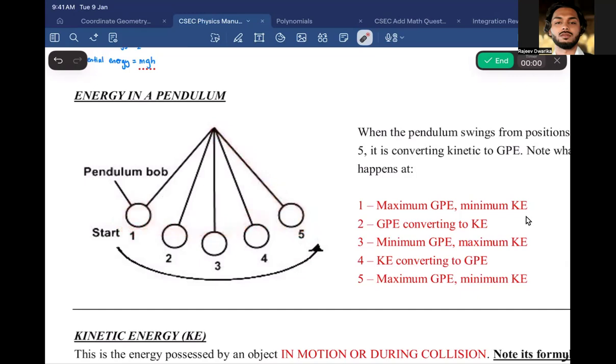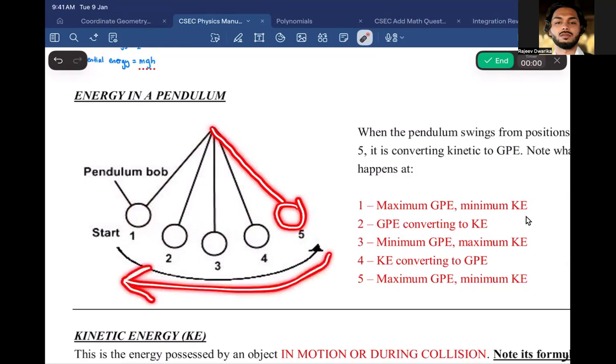Tell me, Jada, when it reaches over here, it's going to stop for a split second, right? If it reaches here, isn't it going to swing back eventually? Yes. So if it's going to swing back, what's causing it to swing back? What kind of energy?